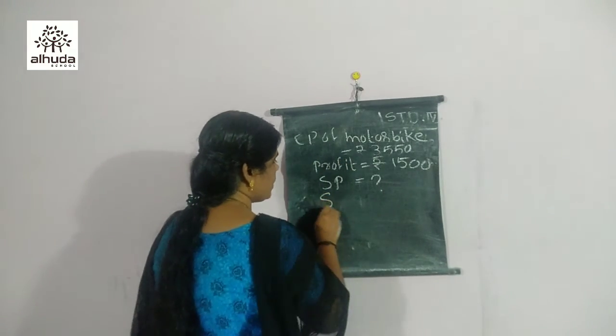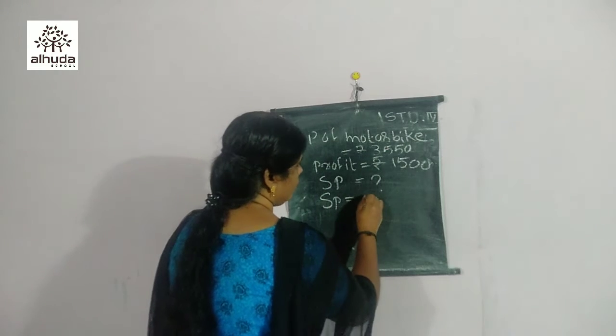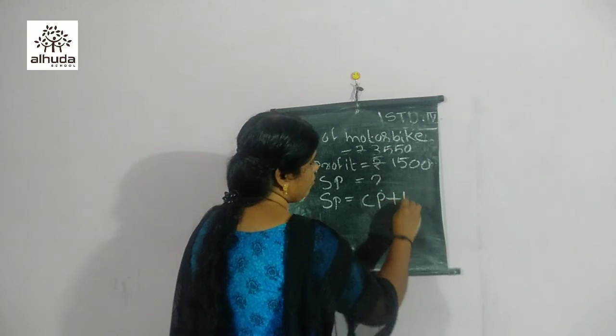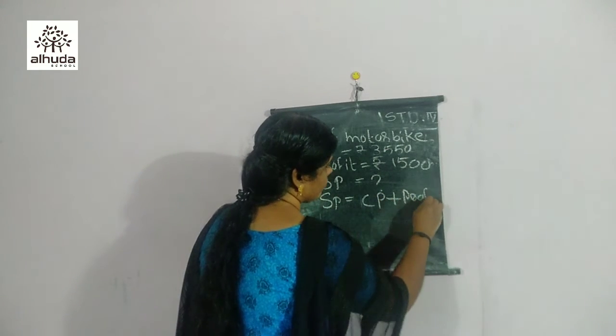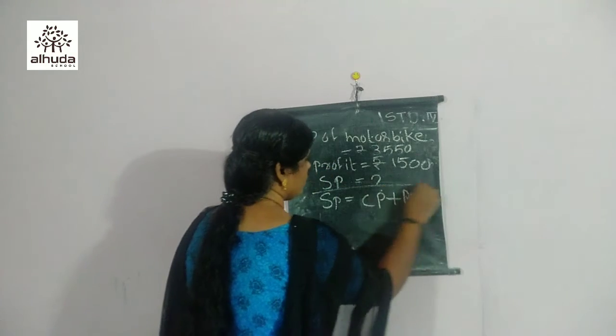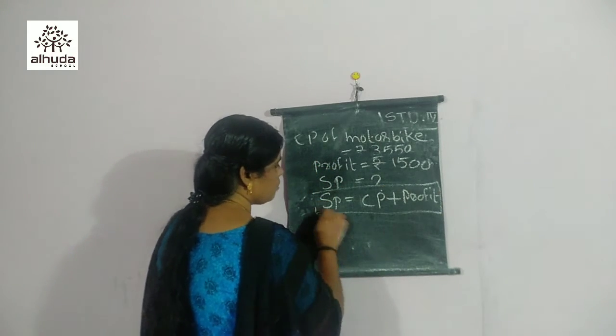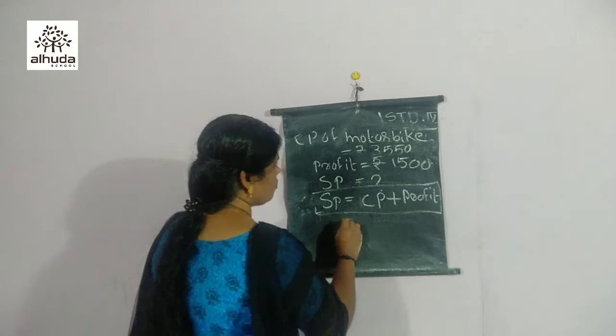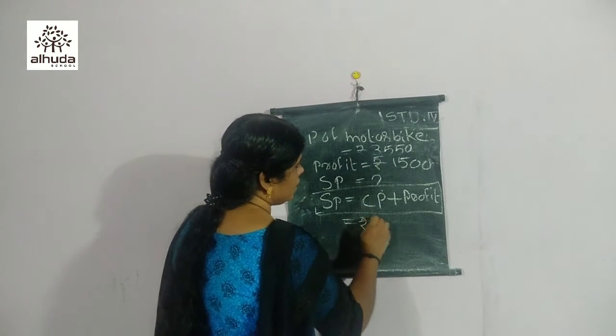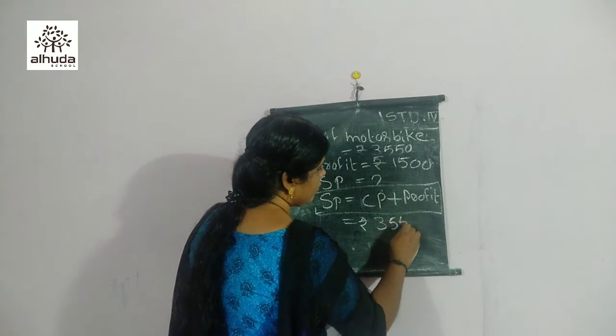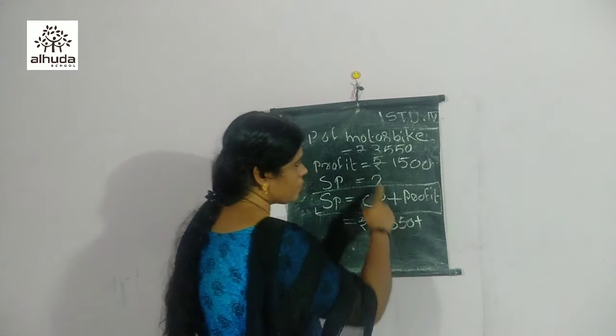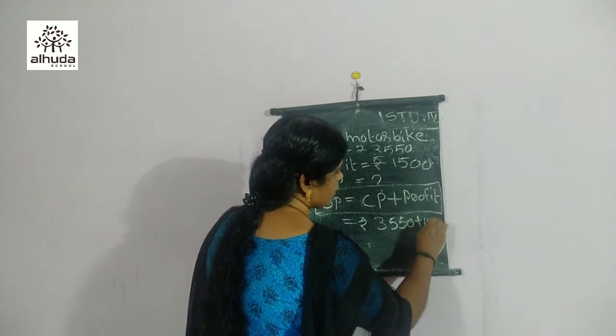So selling price is equal to CP plus profit. CP plus profit is equal to cost price, which is given as rupees 3,550, plus profit, which is rupees 1,500.